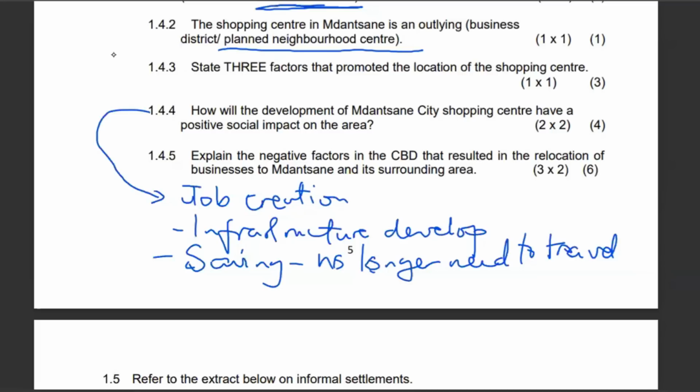So they are now saving their money. Instead of traveling for distances to access some services, now the services are within their vicinity, within their reach, just in their area of convenience. So it becomes a saving on the side of the people in the area. And also we can say it gives an aesthetic appeal.